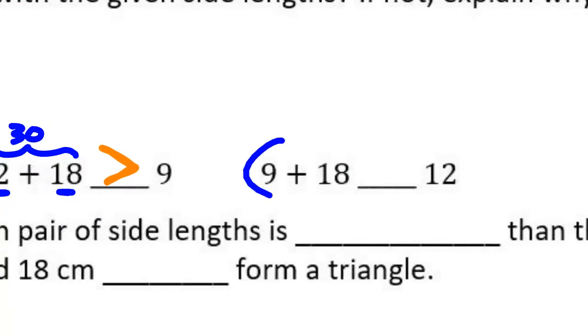Same thing over here with the 9 and the 18. 18 is already bigger than 12. So if I add something onto the 18, if I add 9 to the 18, will that be greater than, less than, or same size as 12? Greater than. And in fact, if I do add these two together, we know that it comes out to be 27.